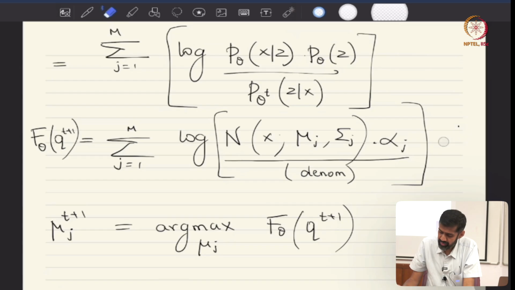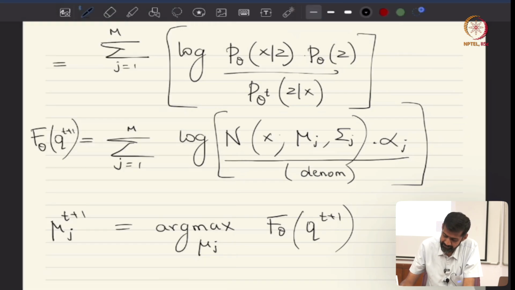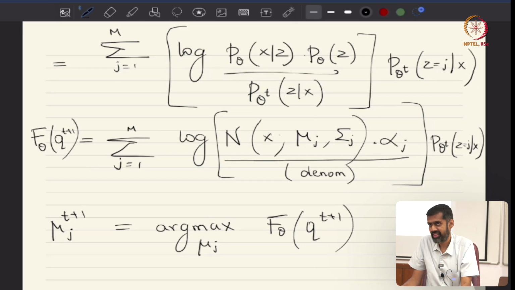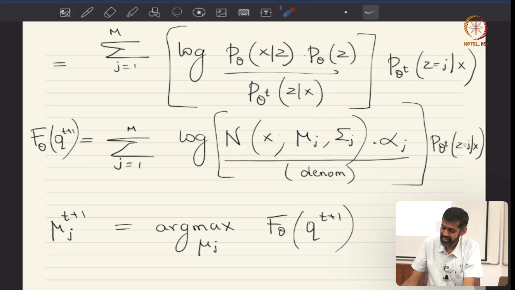So this should be, thanks for that. This is what you are saying, right? This is correct. Note this correction. So this had to be p theta, but we know this, right? This is our q t plus 1 that we have computed from theta t. We know how to do this. Thanks for noting that down.